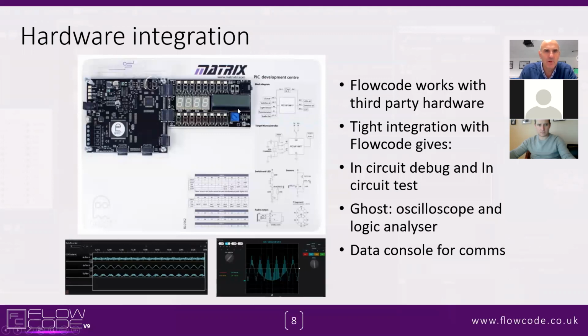So if you use this e-block system, there's a technology there called Ghost, and Ghost, this microcontroller, is watching every pin of the target device, and so you can see the status of the pins on an oscilloscope or on a logic analyzer, or there's a thing called a data console which allows you to see higher level data flow. So tight integration with Flowcode gives you a really fantastic learning platform.